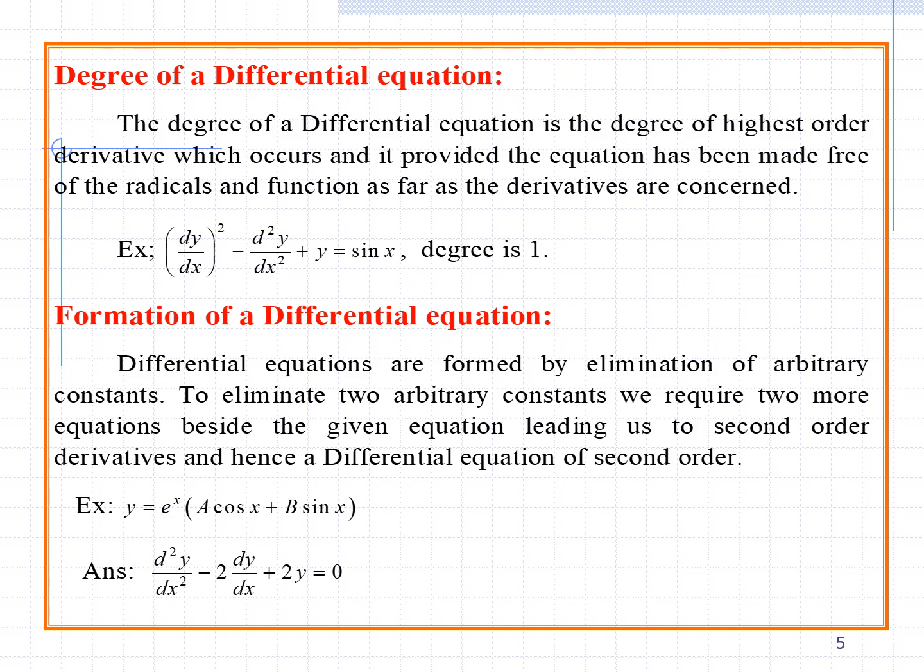Simply, when two constants are given, you apply the derivative two times and automatically you get the second order differential equation. Now the example: y equal to e power x into a cos x plus b sin x. Here a and b are the constants. Apply the first and second derivatives, and the constants are eliminated. Finally you get d square y by dx square minus 2 dy by dx plus 2y equal to 0.